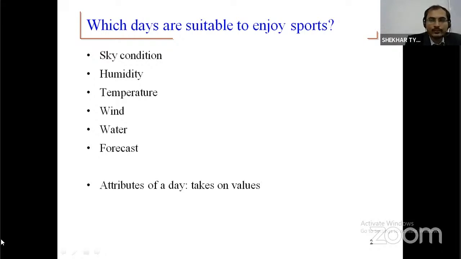We have a set of parametric values, and on the basis of these values we will be deciding on some training examples. These training examples will be both negative examples and positive training examples. The parametric conditions that I have taken for the evaluation are sky conditions, humidity, temperature, wind, water, and forecast.